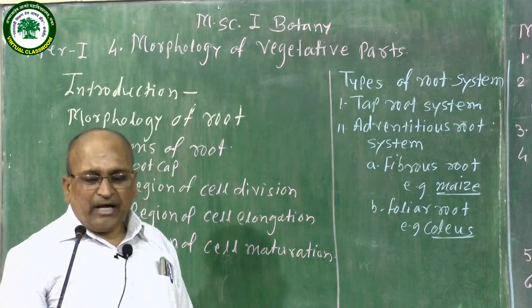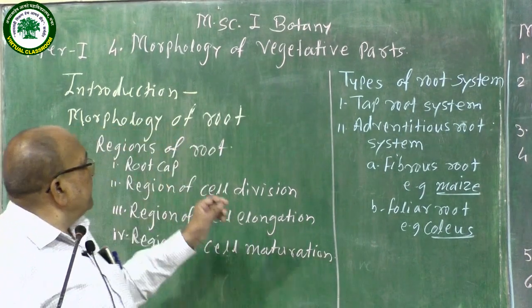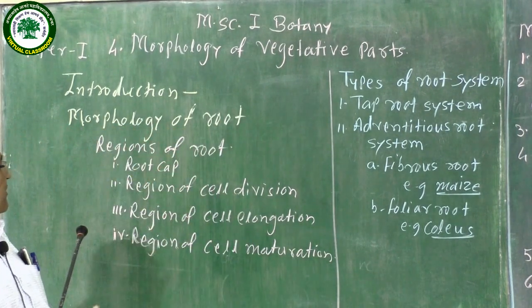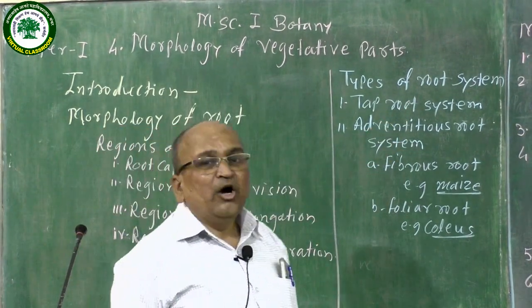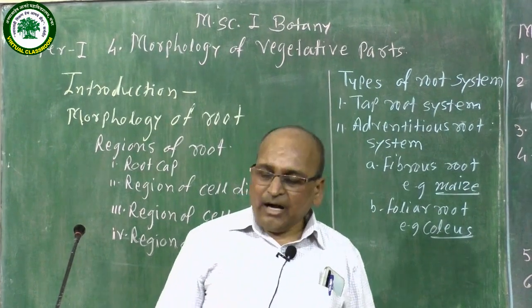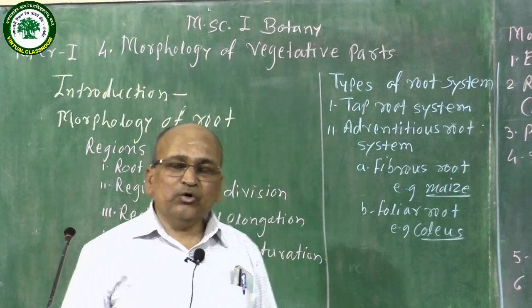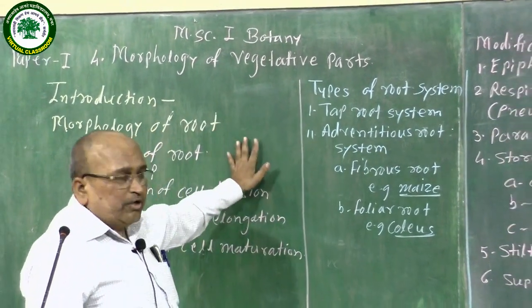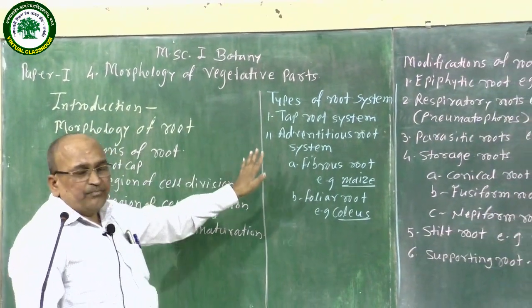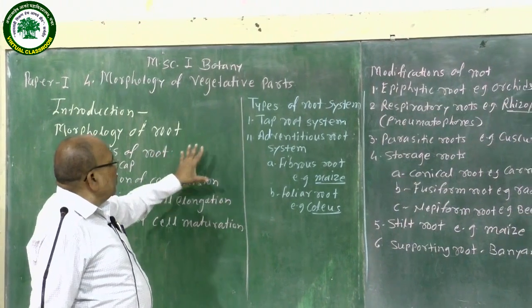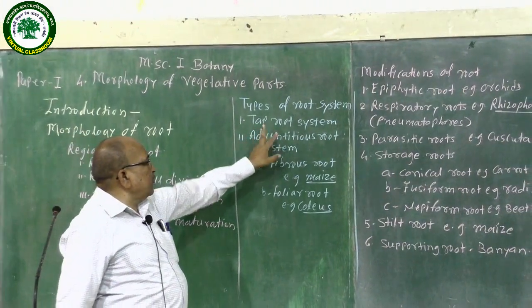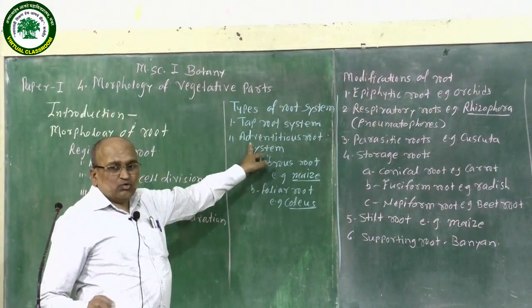Now a major part of the morphology of root is modifications of root. Up till now we studied the morphology of root, types of root, and the normal root system, that is the normal taproot and normal adventitious root.